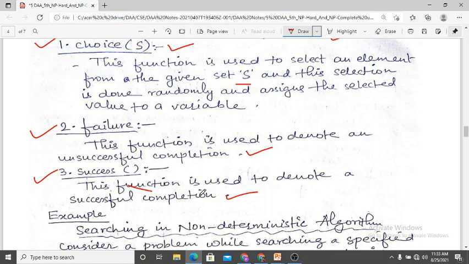If it is failure, then it is an unsuccessful completion. With the help of choice, we take a value from the set S, assign it to this variable, and check whether it is a failure or success.